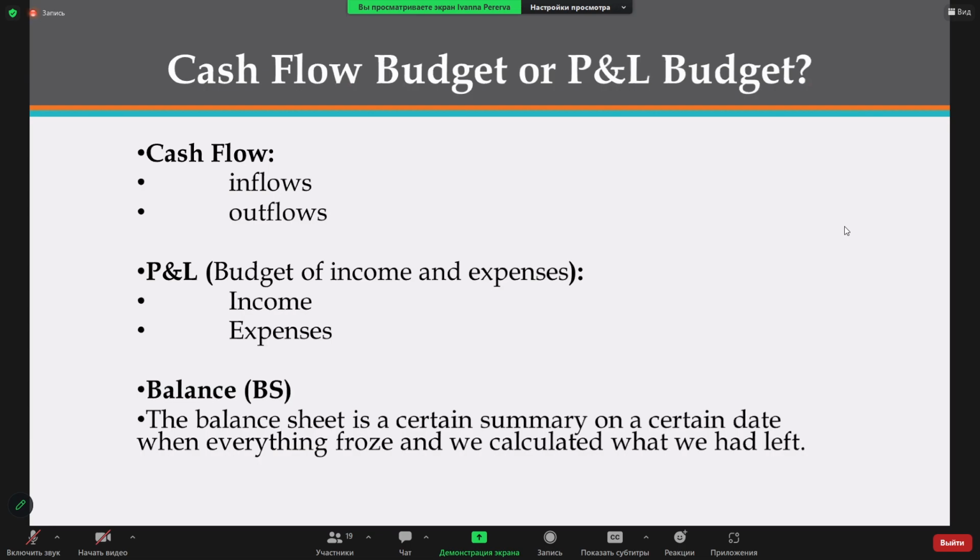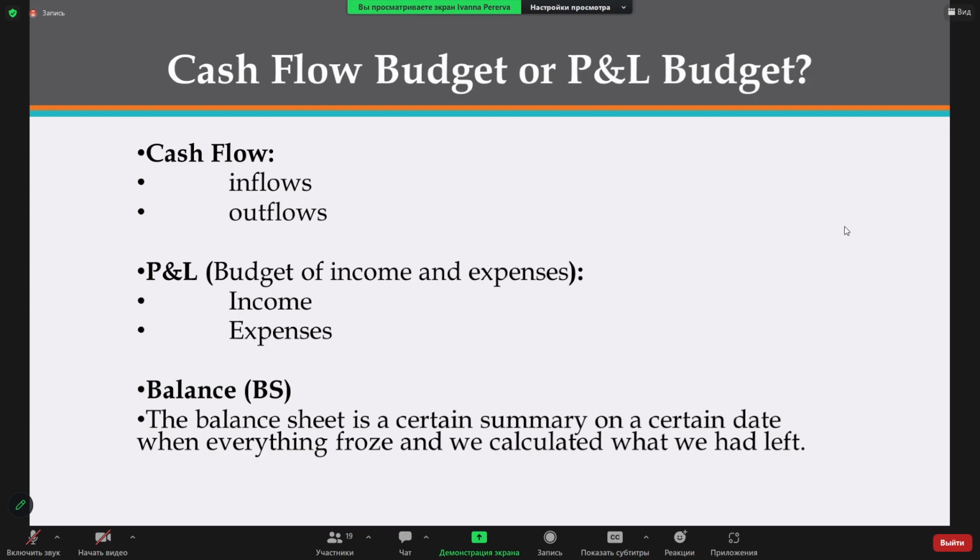In P&L, you will never see information about your cash balance. Of course, that's the main feature of our cash flow report. In P&L, you will see information about your incomes and about your losses. And also P&L could include information about different types of activity: operational activity, financial activity, and investment or something like this.